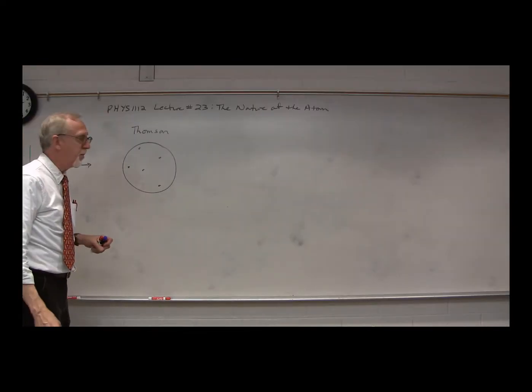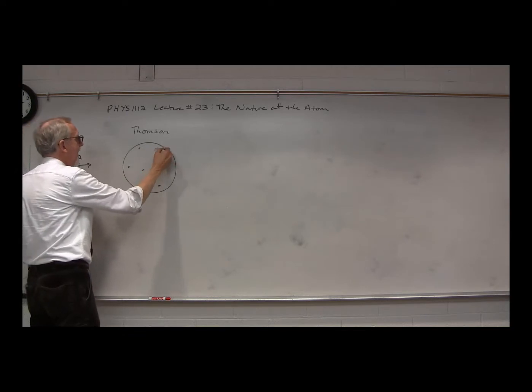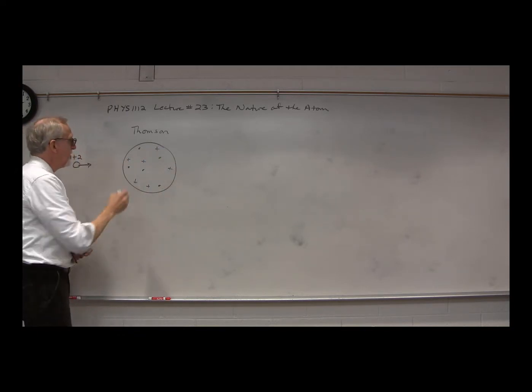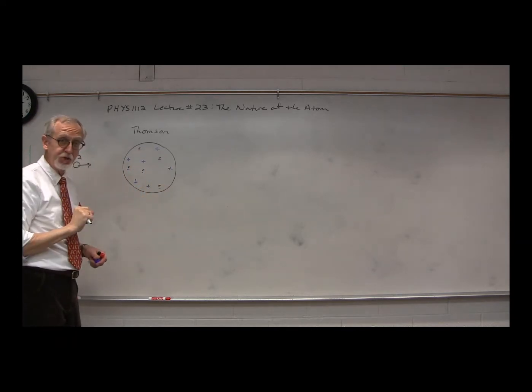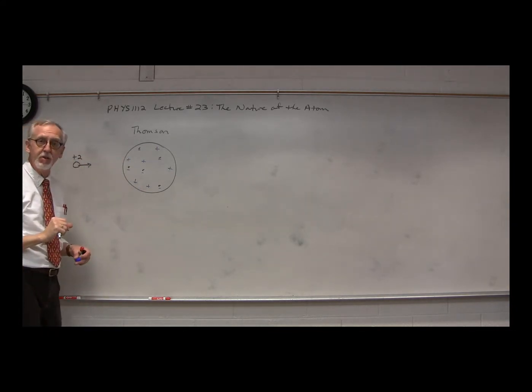So remember the Thompson model of the atom, which had this positive charge spread out throughout the whole thing, the pudding part, and then the negative charges were the little raisins scattered out and much smaller. Now we've got this alpha particle, which is the +2 particle coming in, striking the atom.